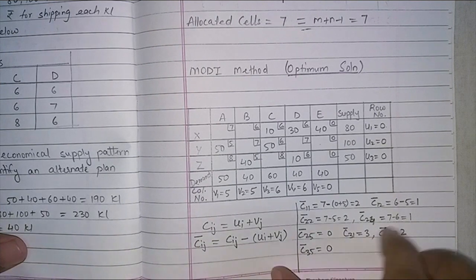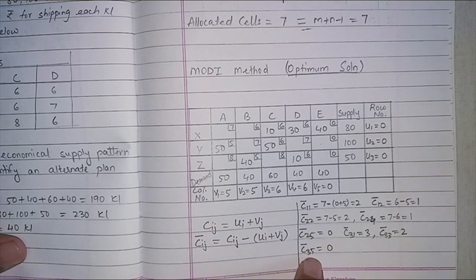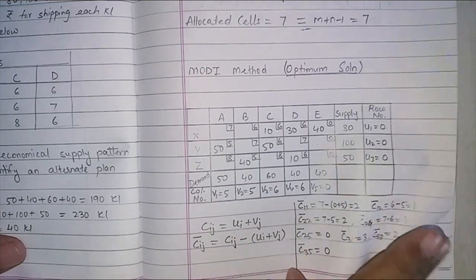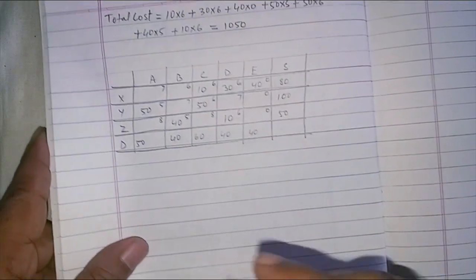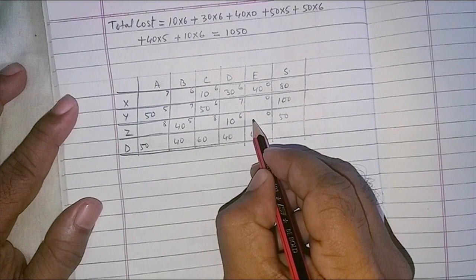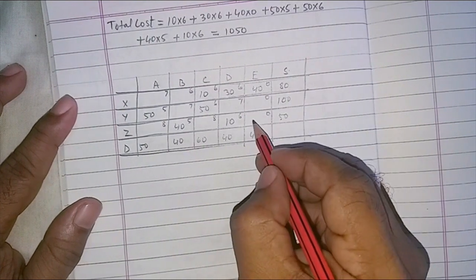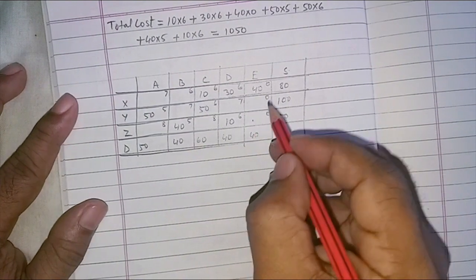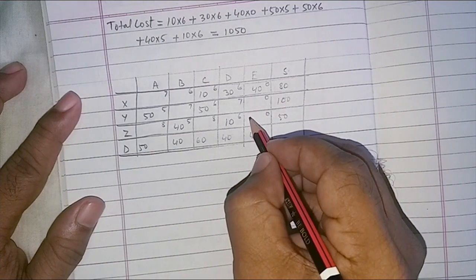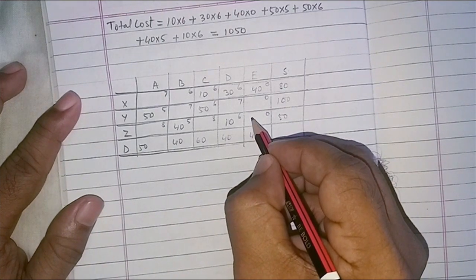So I can do one allocation. Let us consider one of them, 35. I'll take 35 and consider this cell. Now, if I want to assign some value here, what is the first step to do? To draw a closed circuit or a loop.